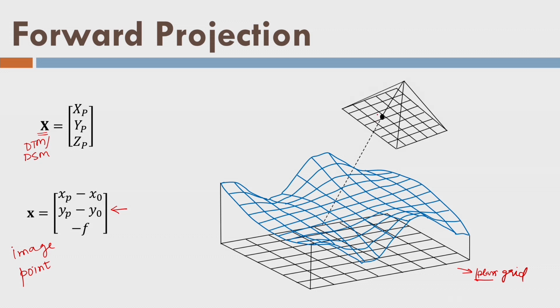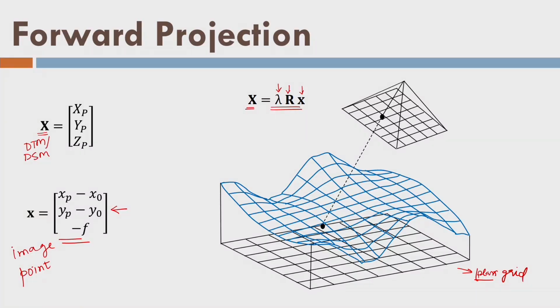I calculate for this point what should be the point on the DTM or on the DSM. So I use the collinearity equation where x is image point, R is rotation matrix and lambda is scale factor. And lambda will be deleted if I take the ratio of two equations to third equation.